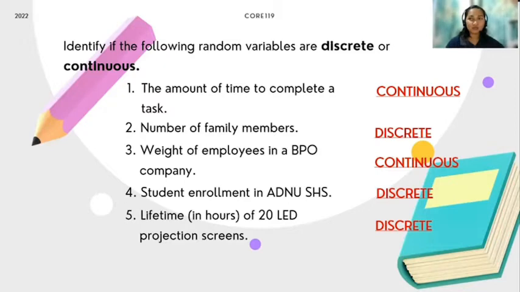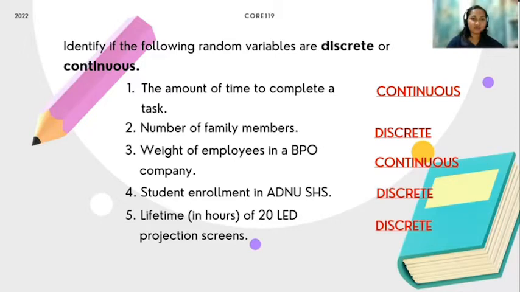So we are not concerned with the minutes, the seconds, the milliseconds, and all. We're only concerned with the rounded time, for example, of these projection screens, which is in hours. So we have a discrete random variable for this.